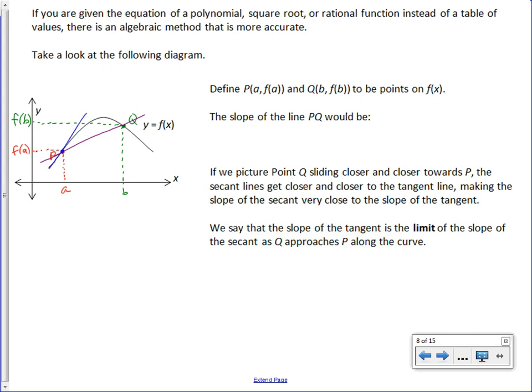It's indistinguishable from the curve if you zoomed in. That's kind of your indicator. Right now, do we all agree that the purple line slope and the blue line slope are not equal? Not even close, right? But we can calculate the slope of the line containing P and Q.